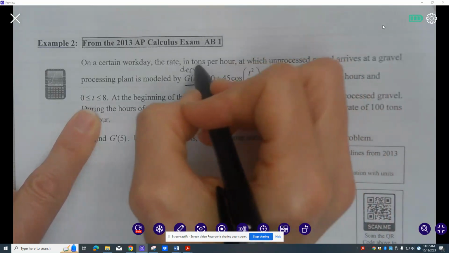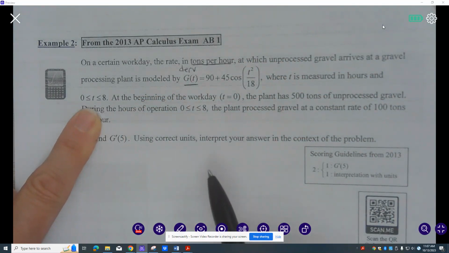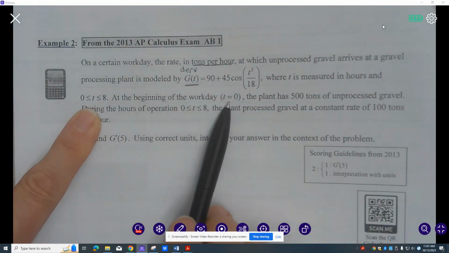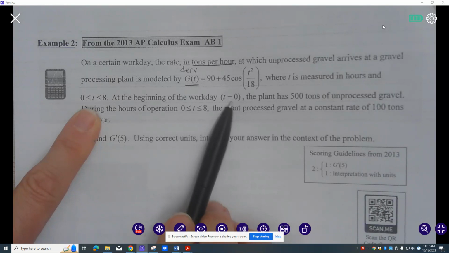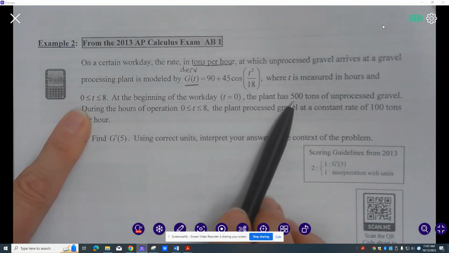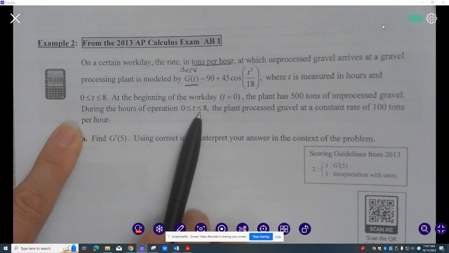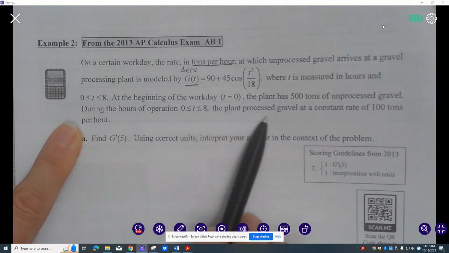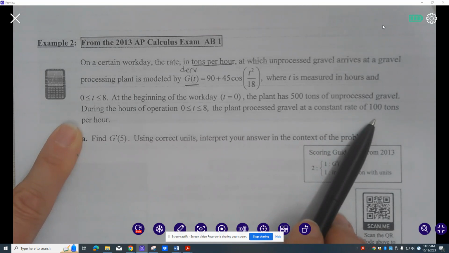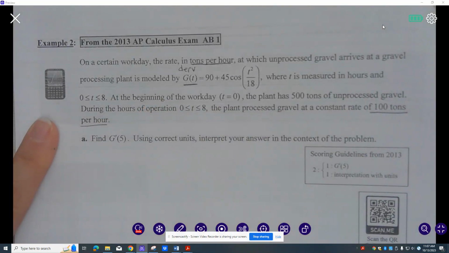And then tons per hour. So tons is your y, time is your input. At the beginning of the workday, which is when time is 0, the plant has 500 tons of unprocessed gravel. During the hours of operation, 0 and 8 hours, the plant processes the gravel at a rate of 100 tons per hour. So this is telling you another rate.